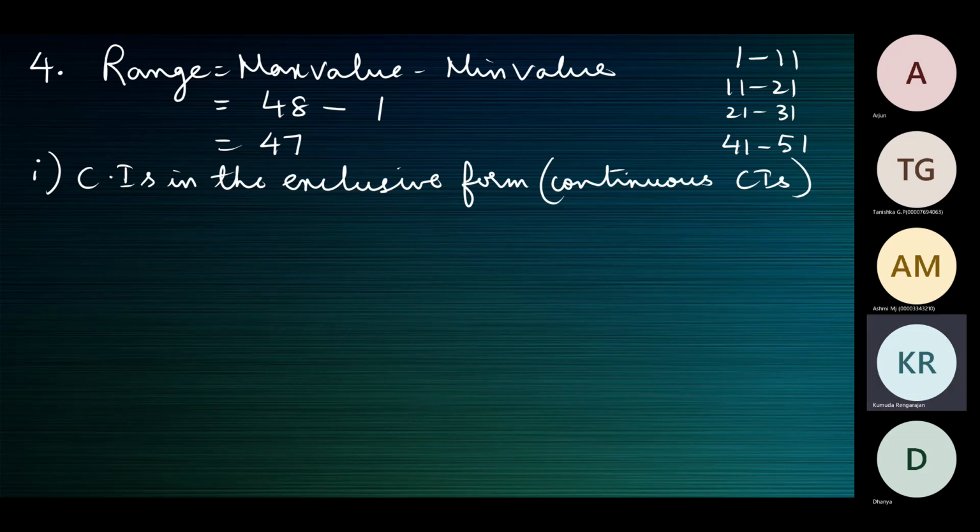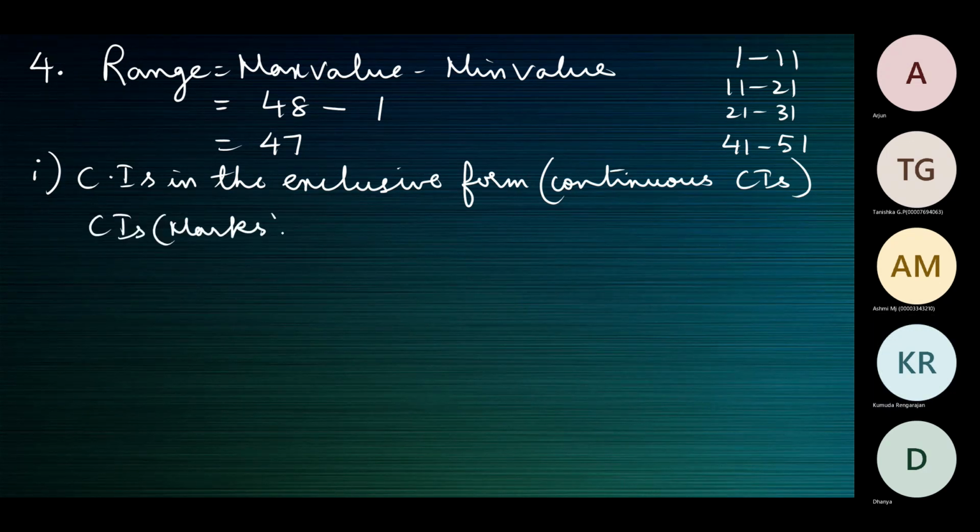The smallest value is 1. So the first class interval should hold the value 1. So you can start with 0 to 11, or you can also make 0 to 10. So let me just take 0 to 10 as the class intervals. So I think the data is about the marks of the students.